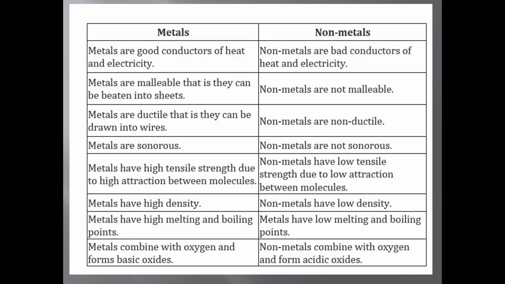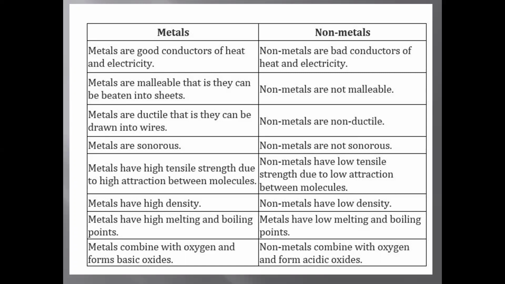Next, metals are ductile, that is, they can be drawn into wire, as I have already shown you in the pictures in my last slide. Metals are generally ductile, whereas non-metals are not at all ductile, except again carbon fiber, which is very much ductile.